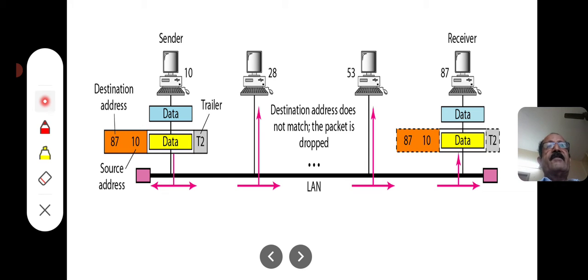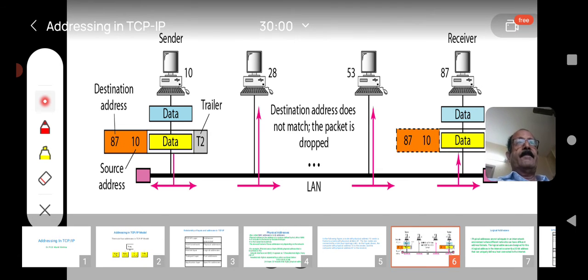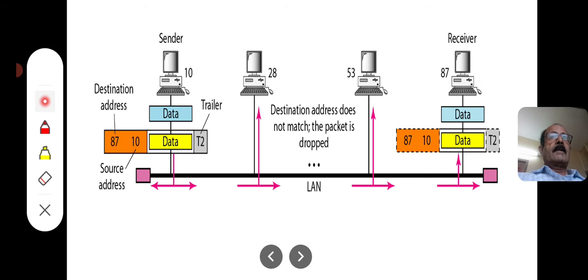This one has physical address 53, not matching the destination address. So only this system receives the message. The identification of whether the message is for itself or not is done by seeing the destination address in the header.